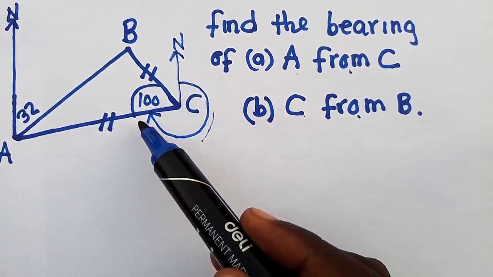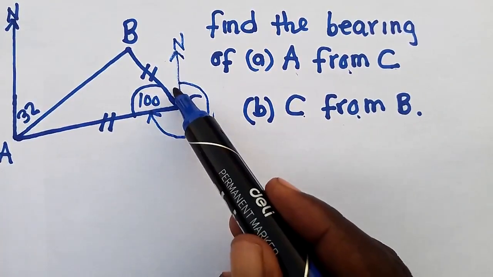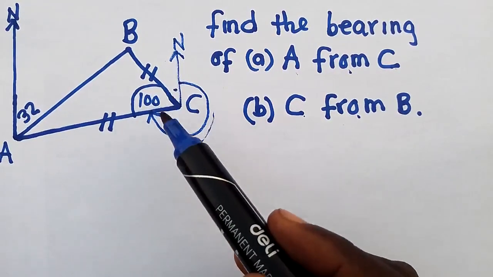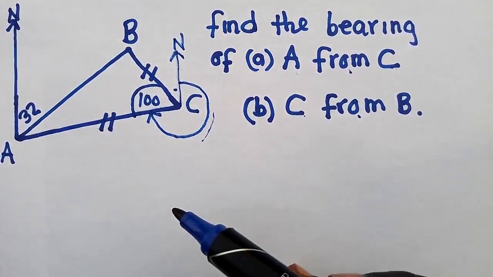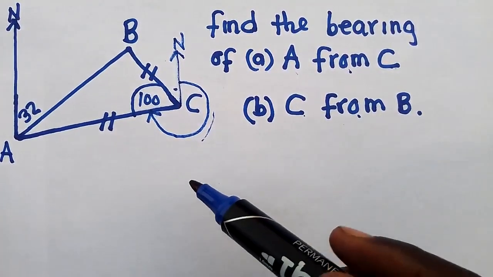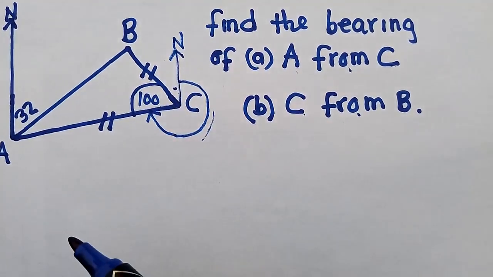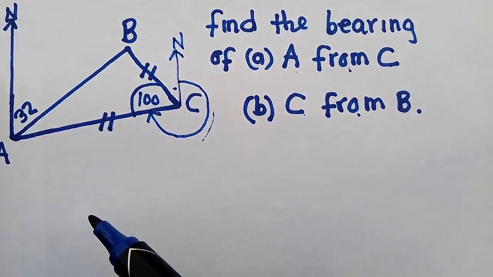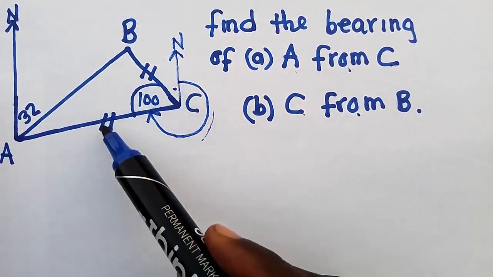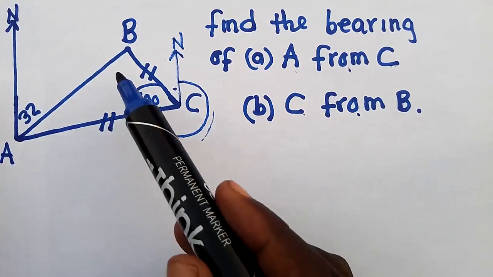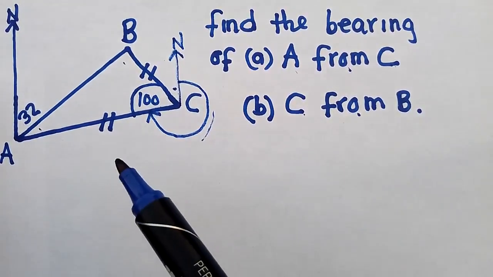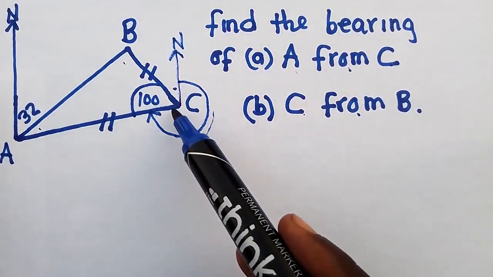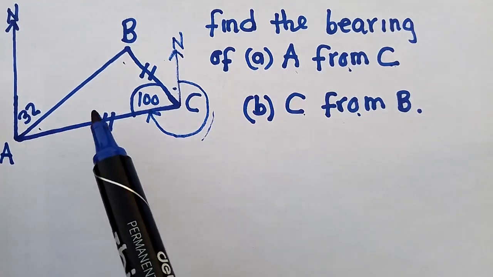To calculate this angle, we need to add this one and that one, then subtract from 360, which is a complete turn. So how can you find the value which is there? These two lines are telling you that the angles are equal. You know that angles inside a triangle add up to 180.